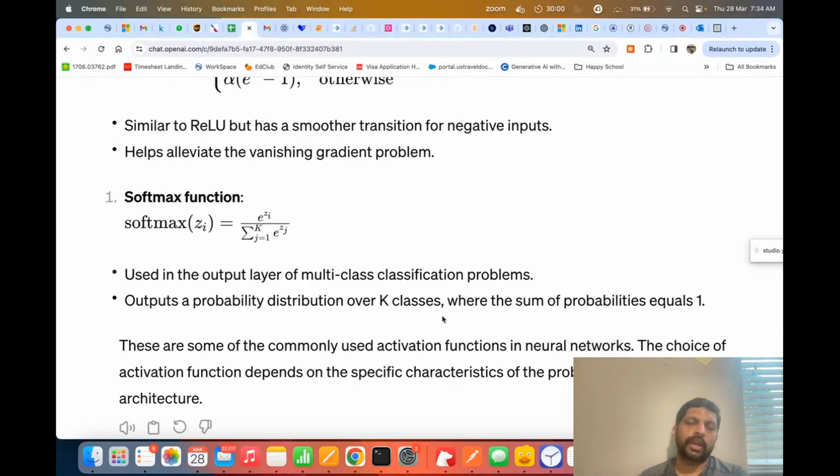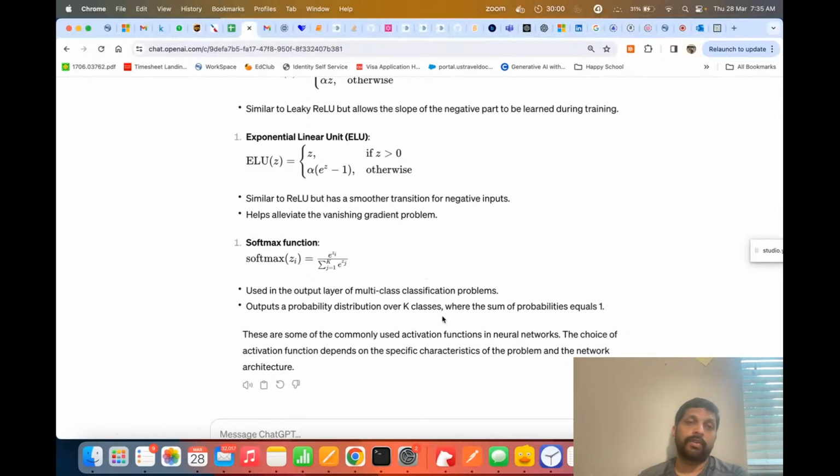Oh, is it so? Okay, I didn't know that. So if I want the softmax function and I have three classes, I do e power z1 divided by e power z1 plus e power z2 plus e power z3.